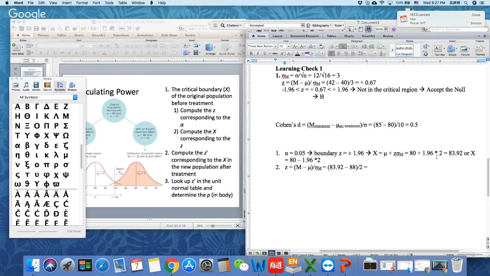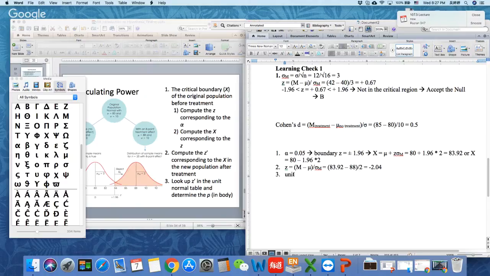So we know the new z equals negative 2.06. So here is the z-score, right? We know this z-score of this boundary in this distribution. And then we are going to figure out the proportion of the area with the scores above this z-score.